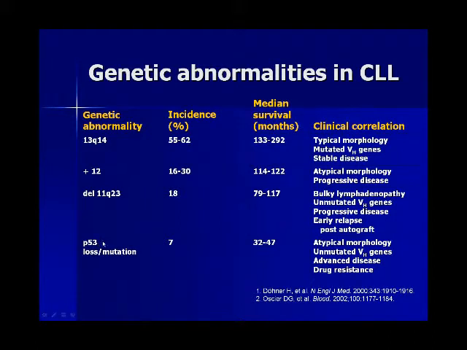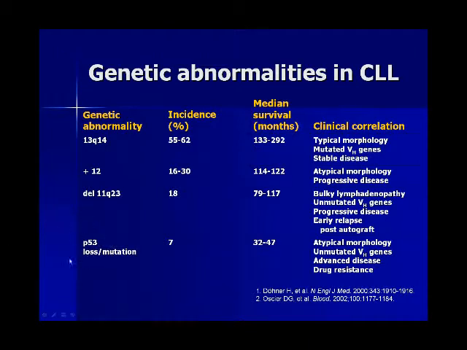And P53 is the gene that's involved with that, which is a tumor suppressor gene. So normally we all have 2 copies of P53, and if that gene is active, it stops you getting leukemia, or stops you getting a variety of cancers, in fact. And if you get loss of that gene, then it makes you more susceptible to cancer. Sometimes people will get loss of 1 gene, and sometimes people will get loss of 2 genes.